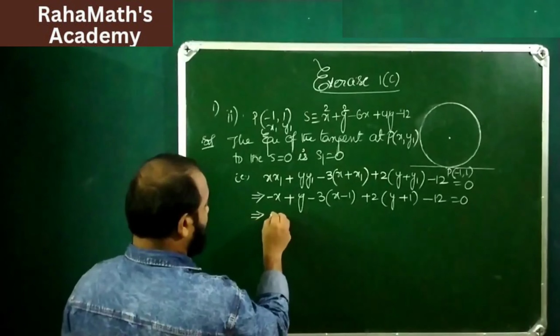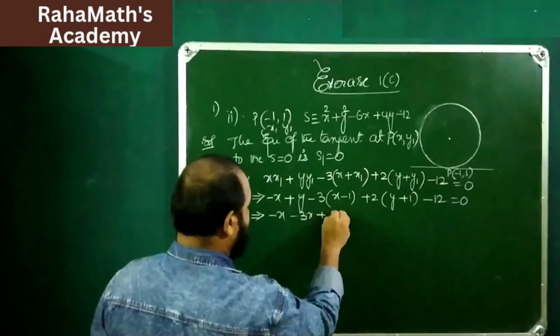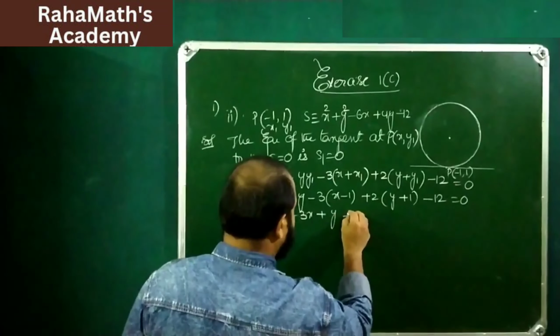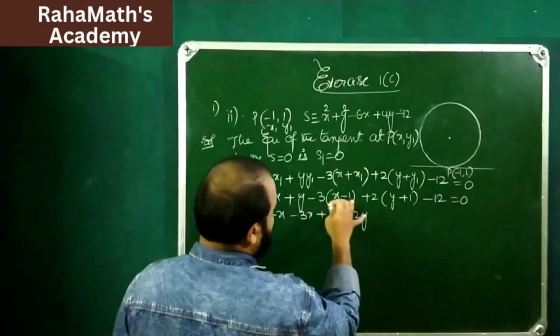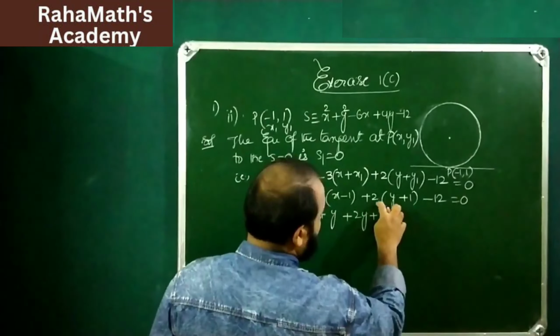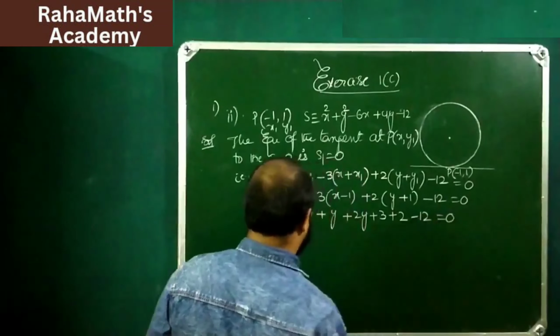So this is minus x, this is minus 3x plus y plus 2y. So minus into minus, plus 3 ones are 3, 2 ones are 2, minus 12 equals 0.